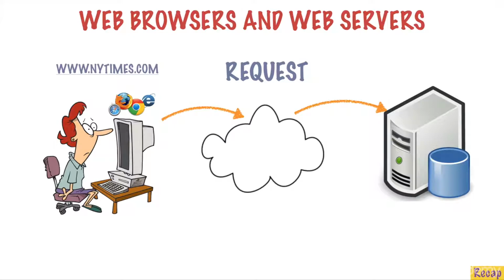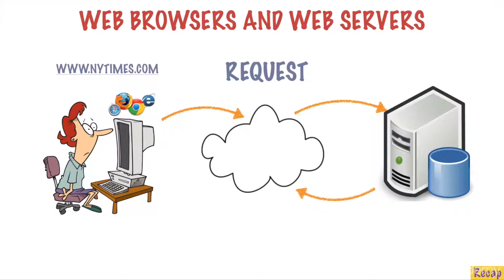There's a lot going on in that cloud, but we are not concerned with that right now as part of this class. You just have to realize that the request originates at your browser when you type in your URL and is routed correctly to the server which holds the information for New York Times.